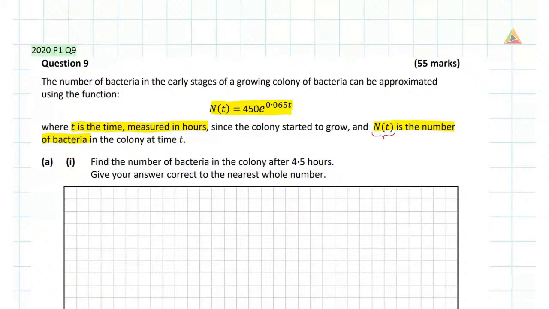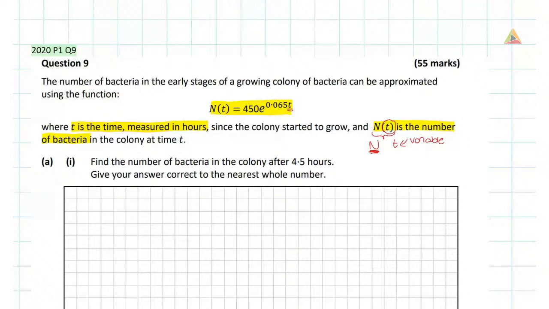That's just my function notation where N is my function and t is my variable. So it's not N times t, it's just telling me that N is my function and whatever's in the brackets is your variable in the question. In this case, your variable is t, up here in the power.